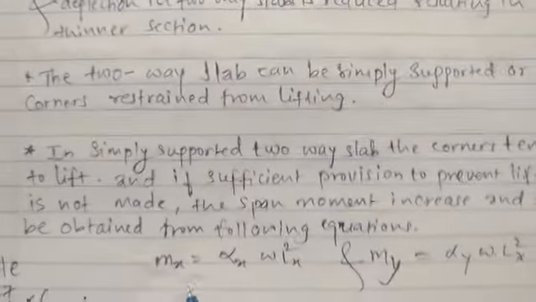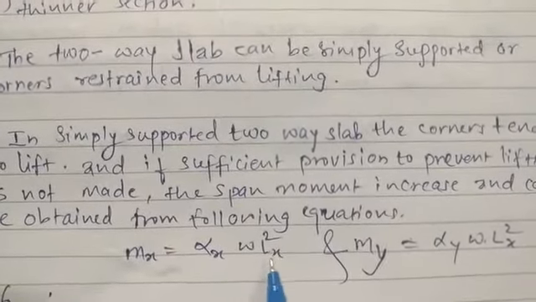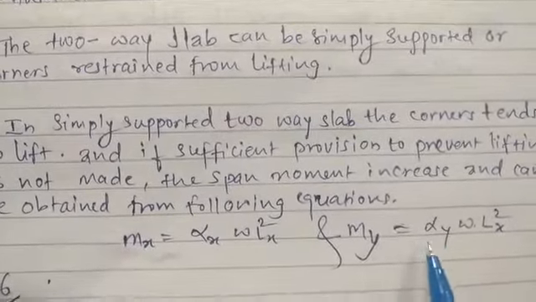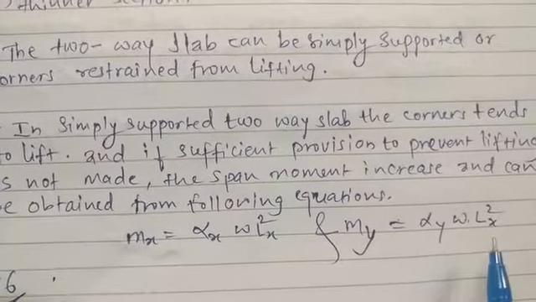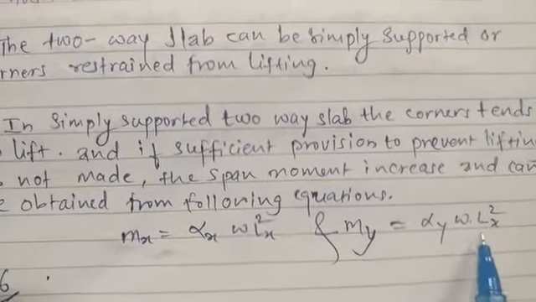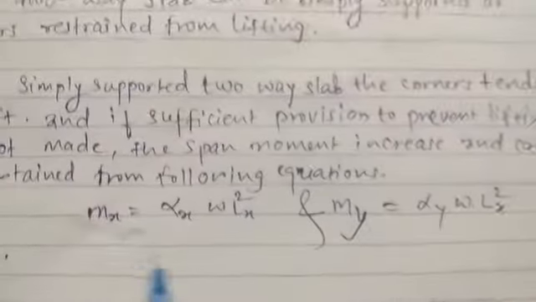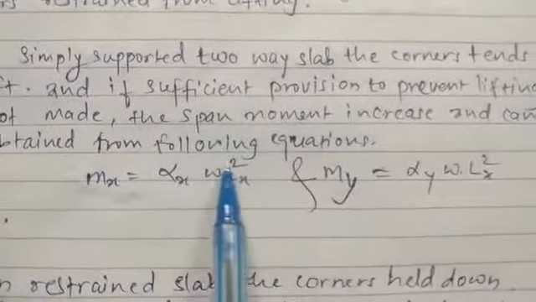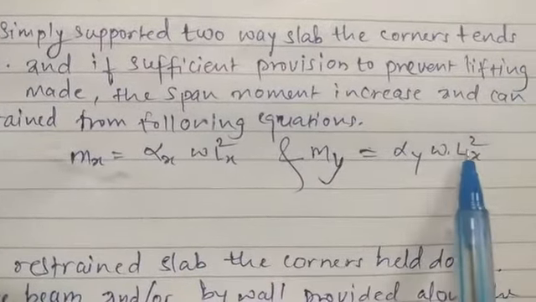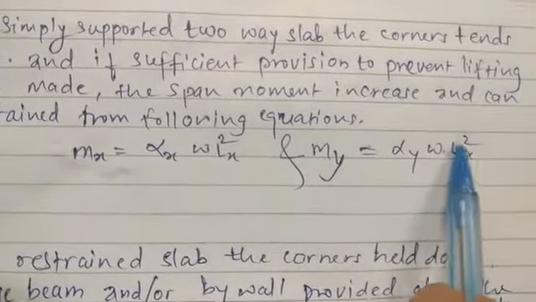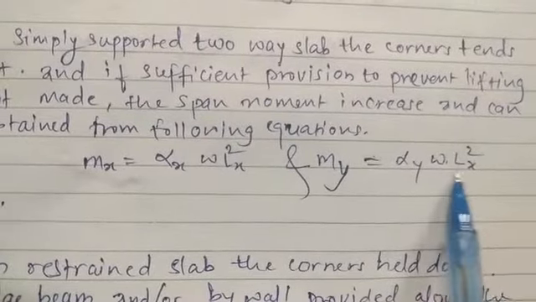In the x direction we use alpha x into w Lx square, and in the y direction alpha y into w Lx square again. We have to see this carefully: in both formulae we are using the smaller span, Lx.